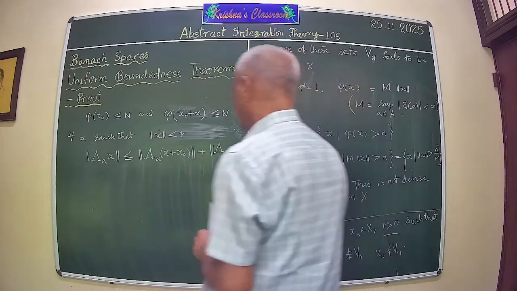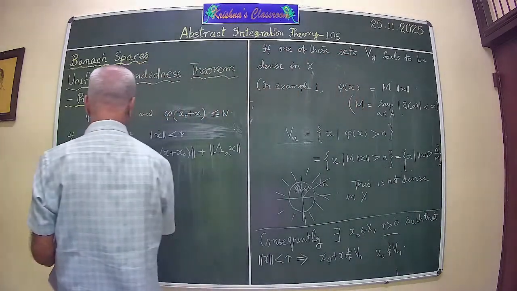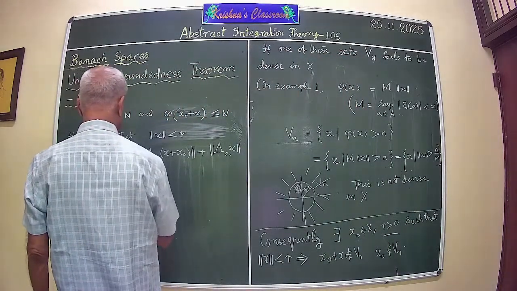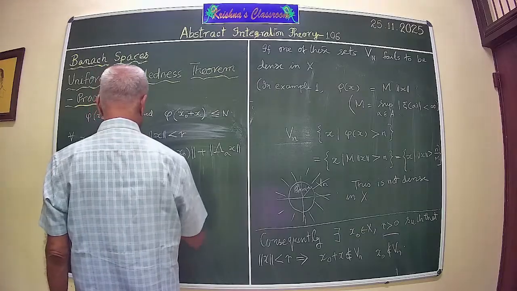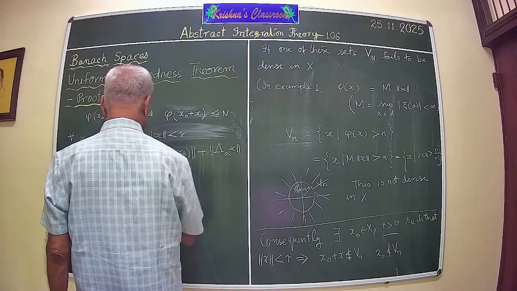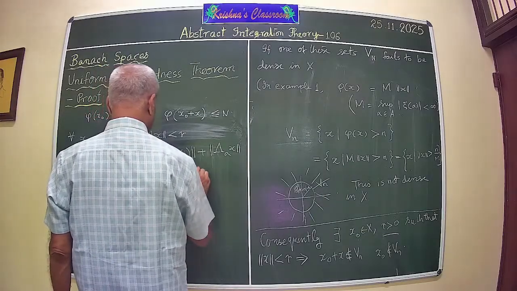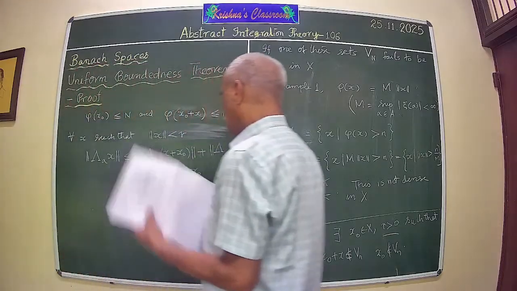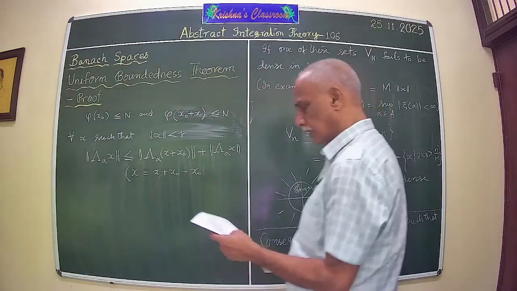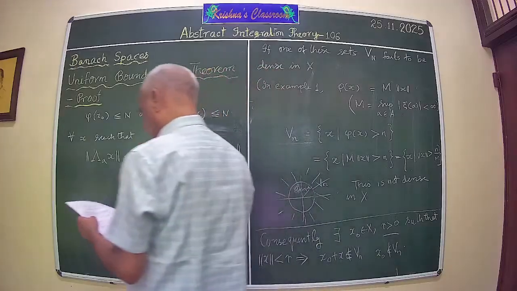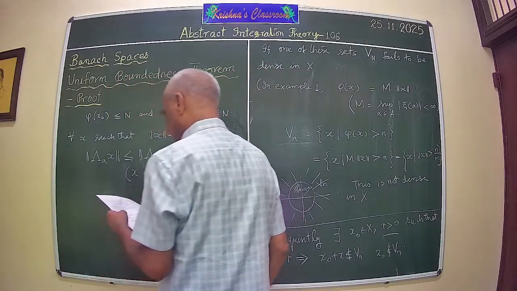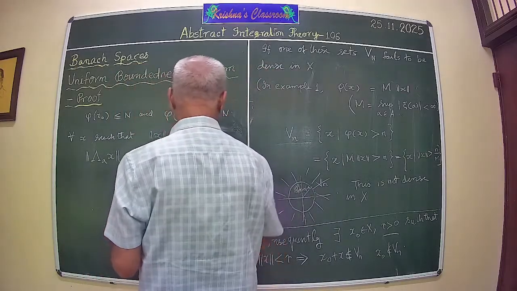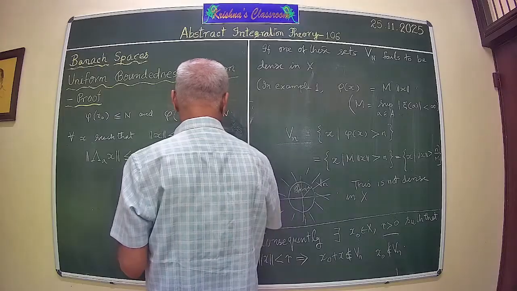So see, what you can do is you can write x as x plus x naught minus x naught.